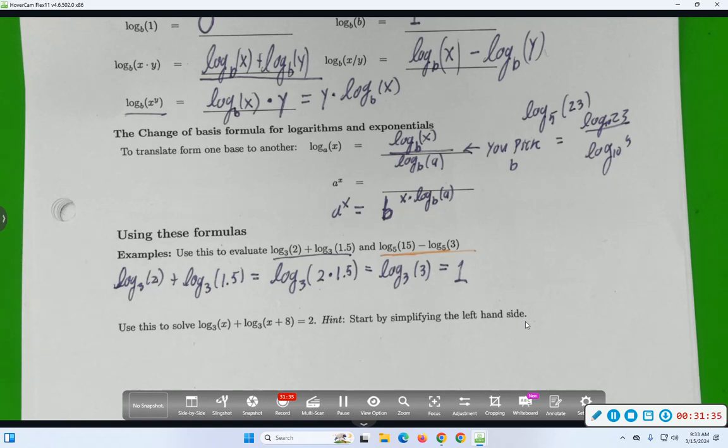Do I hear a second? Cool. People want me to do any walk on that one? Neato. Yeah, you wind up with log base 5 of 5, which is known to be 1.